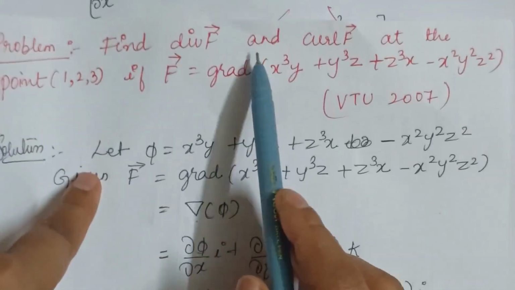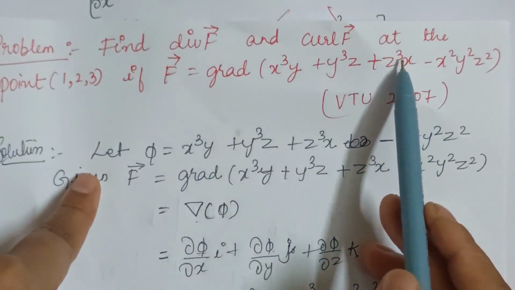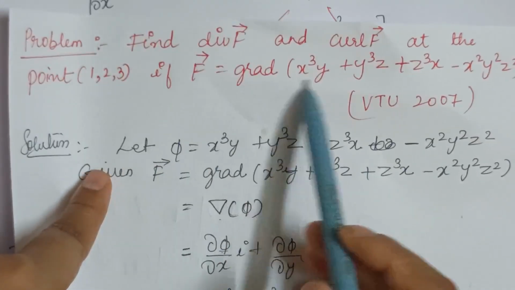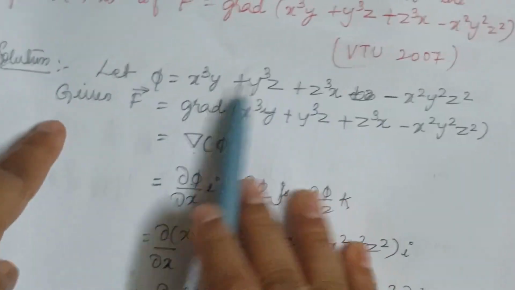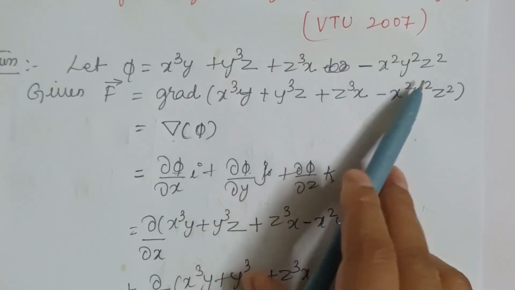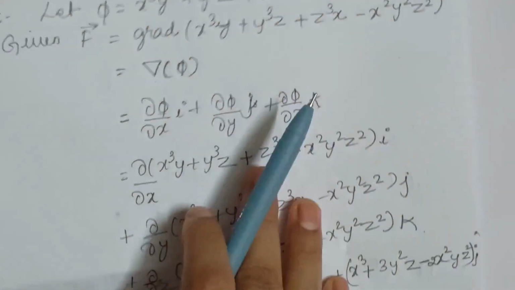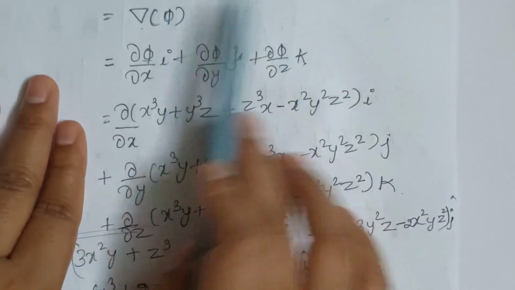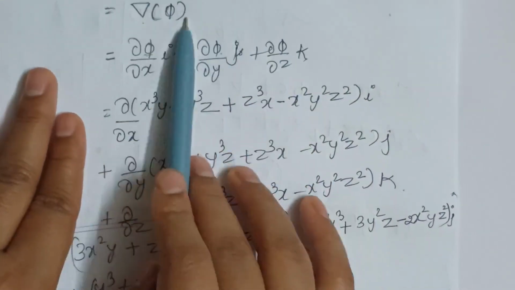So if you have not understood clearly, I'm just going to give you a quick overview of this. Find divergence of vector f and curl of vector f at this point if the grad is this. So considering phi is equals to this, x cube y plus y cube z plus z cube x minus x square y square z square. So considering that, f vector can be found using this formula, that is del phi.